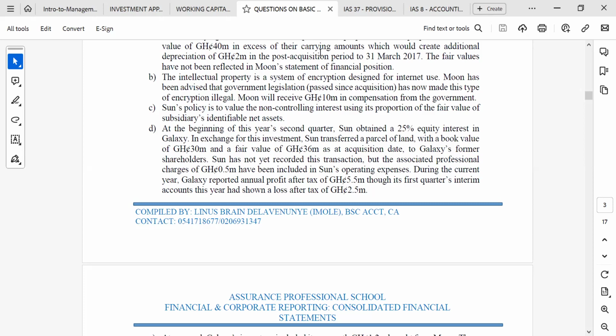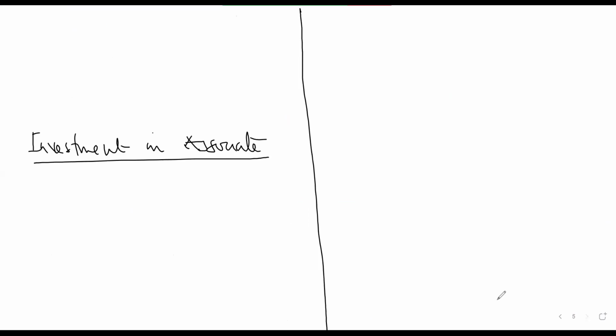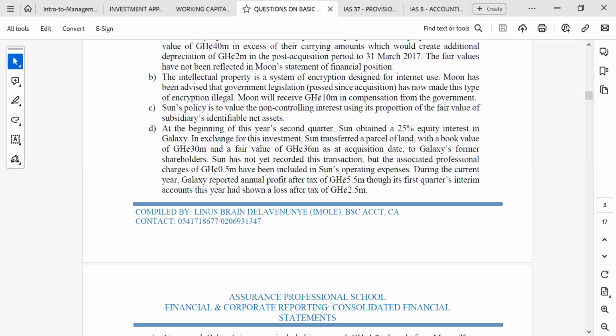So what would be the purchase consideration for the associate? How much are we going to be recording? 36. The land is being given to them at 36. So you have your investment in associate, you have your purchase consideration to be 36. Okay. But what is the value of the land? They say this has not been recorded.